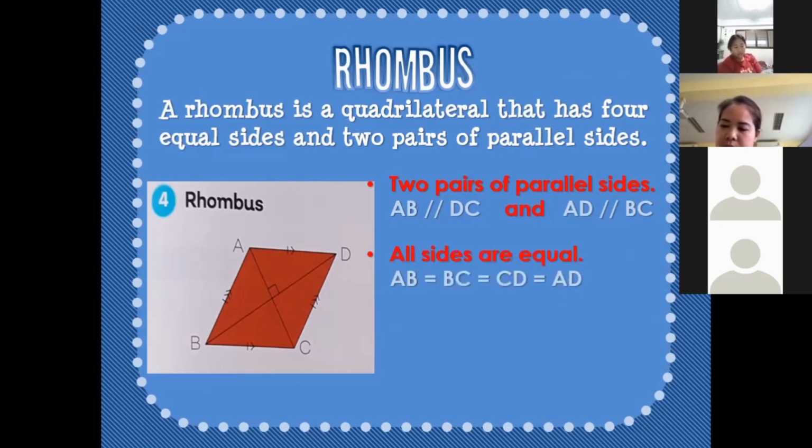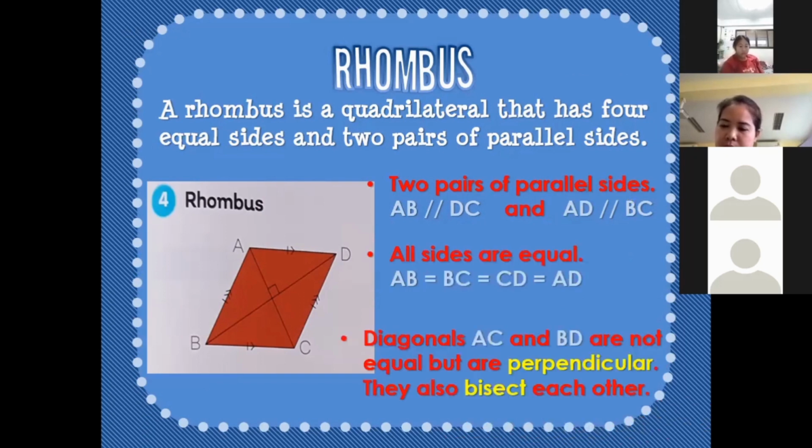All sides are also equal. But the diagonals AC and BD are not equal. That is the difference between the rhombus and the square: in a square the diagonals are equal, but in a rhombus they are not. The diagonals are perpendicular to each other at 90 degrees and they bisect each other.